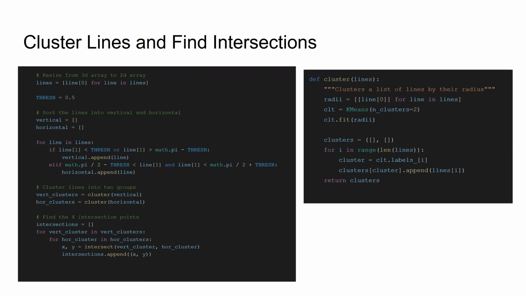I didn't actually include that in the presentation because it's really just algebra, but you can see that in the full code if you want to see how that is calculated. So from this, we should have our 4 coordinates of where our grid lines intersect.